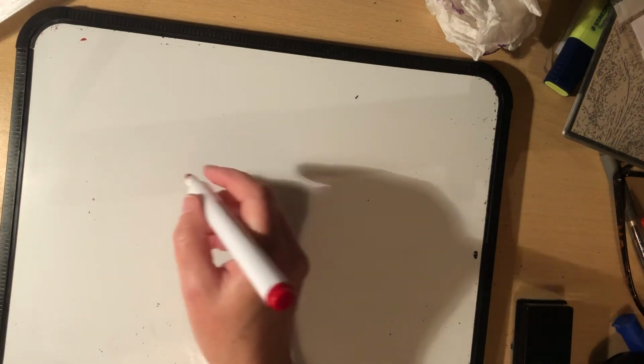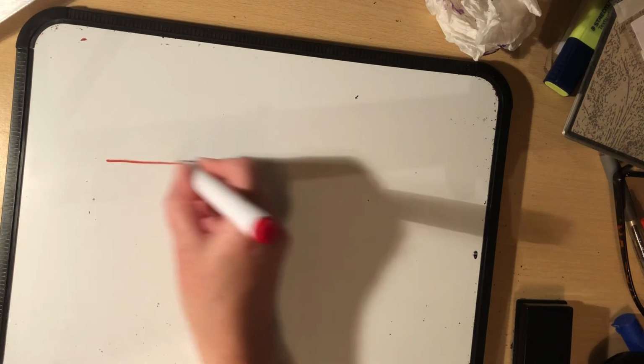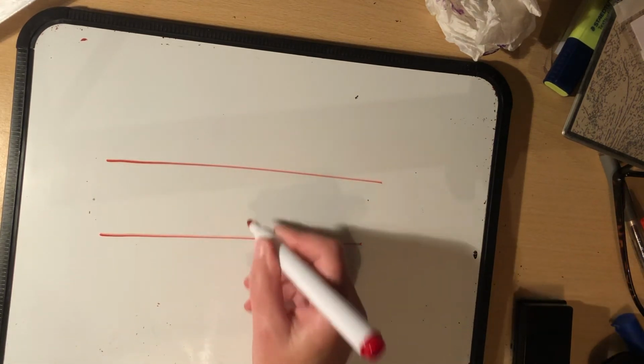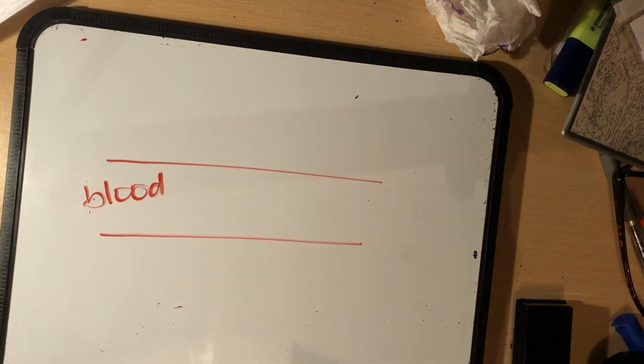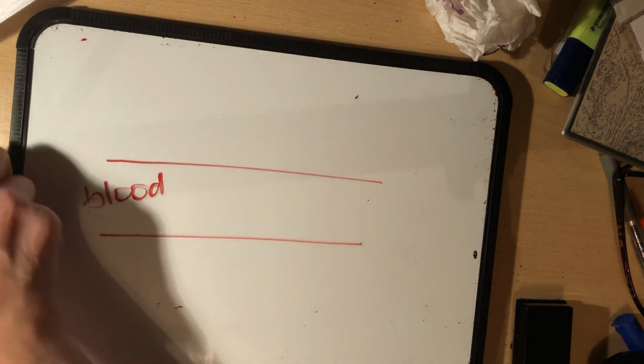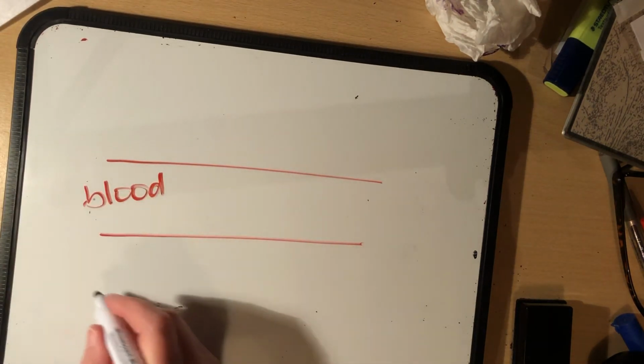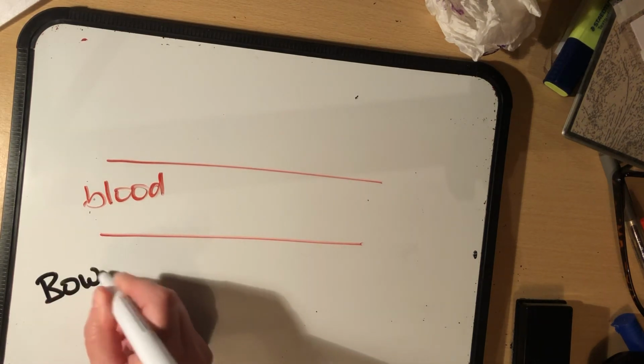So the hydrostatic pressure we've been talking about is really the pressure potential. If you think of the blood flowing here, and then we've got the Bowman's capsule.